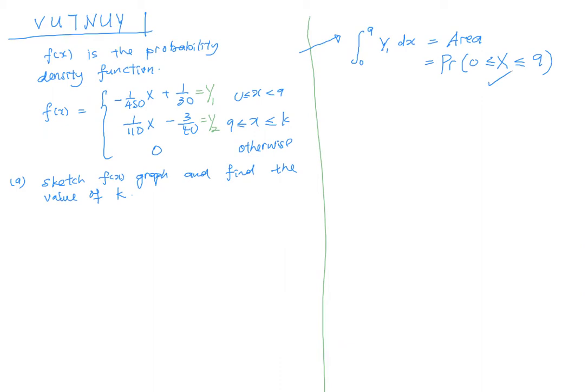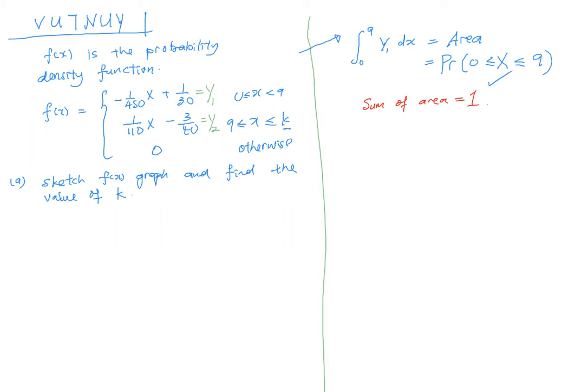So now if I want to find the value of k, what should I do? For a probability density function, the area must add up to be 1, right? So you solve the area of y1 from 0 to 9 plus the area of y2 from 9 to k equals 1.